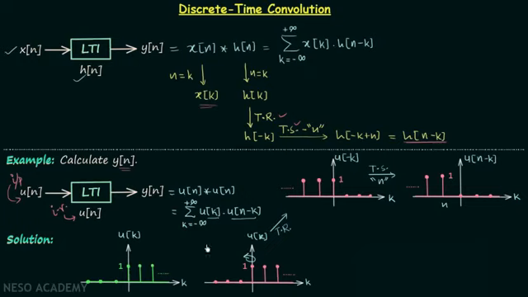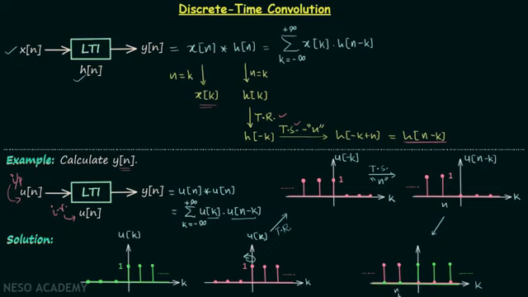Now let's analyze what will happen when we multiply u[k] and u[n minus k] depending on the value of n. Here is the plot in which I have included u[n minus k], the pink plot, and u[k], the green plot.